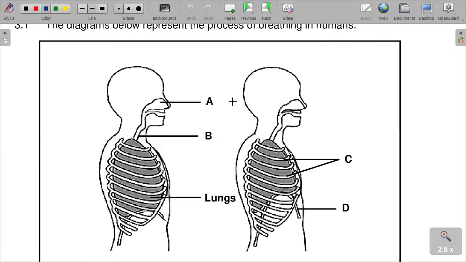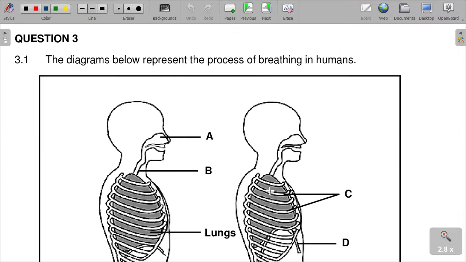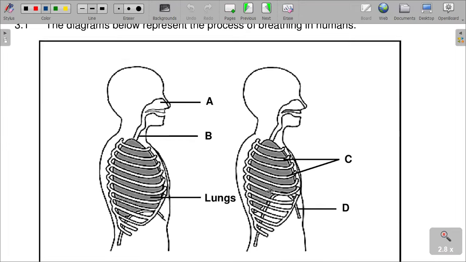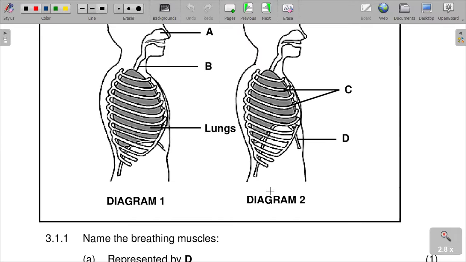I think there is also a question that we answered that is more or less similar to this one with regards to the changes that take place in inhalation and exhalation. Here we are given the process of breathing shown in two diagrams, diagram 1 and 2.